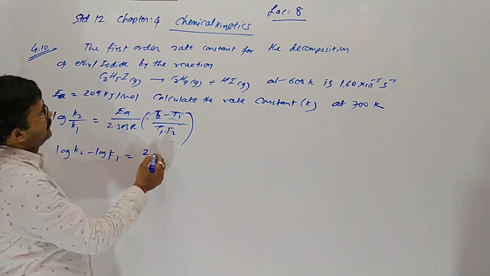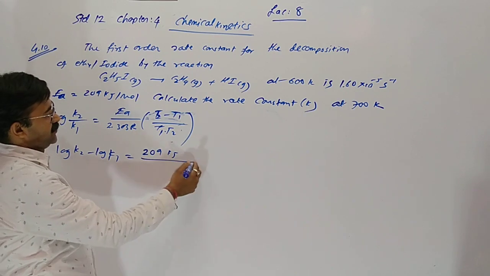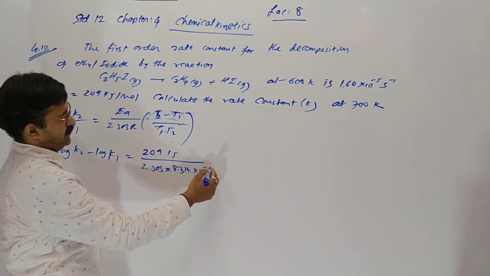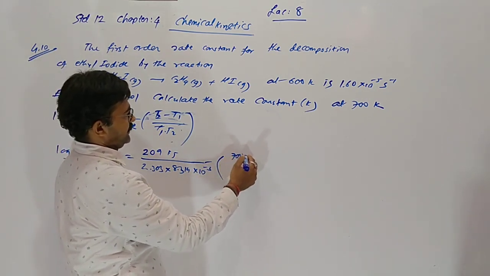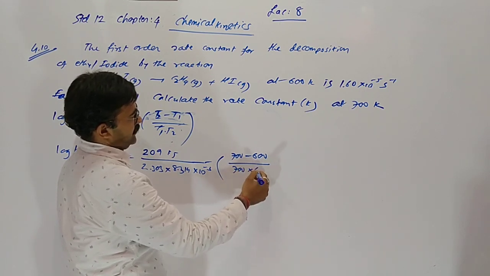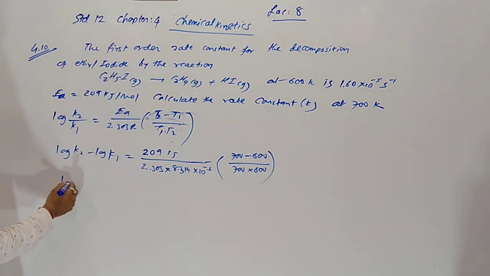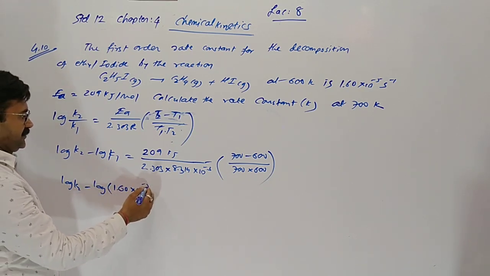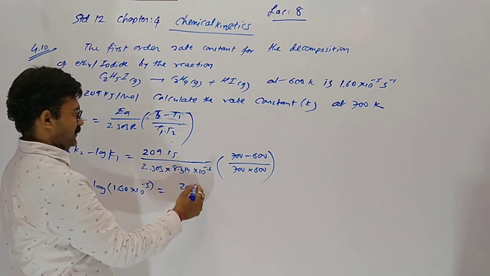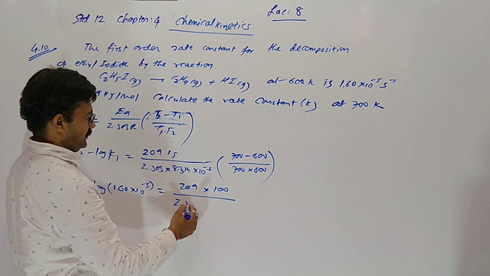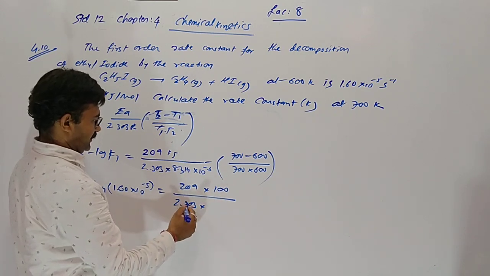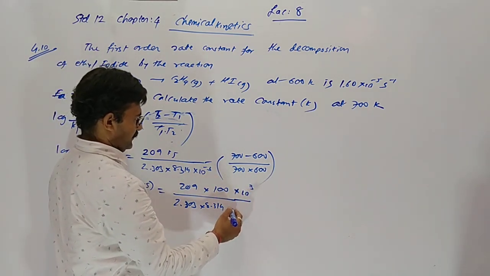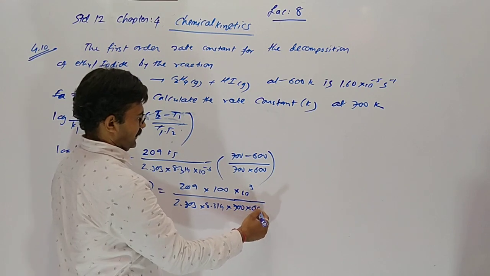Ea is given as 209, but it is in kilojoule, so the value of R is also taken in kilojoule. T2 is 700 minus 600 upon 700 and 600. The value of K1 is given, 1.60 into 10 raised to minus 5. Here 209 into 100 upon 2.303, 8.31 into 10 raised to 3. Now 700 and 600.